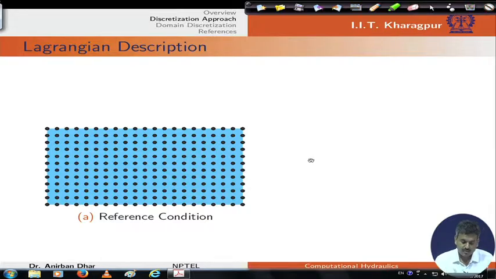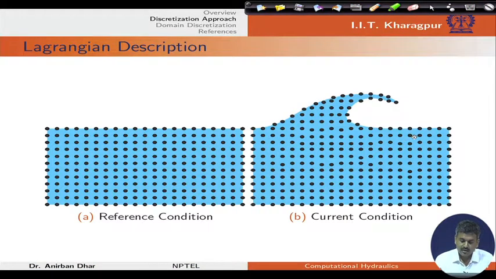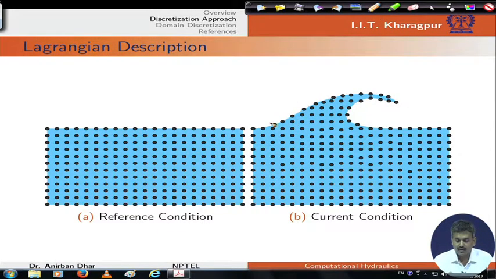So, this is the reference condition. If we solve this problem, we can see that the particle positions are changing, and in terms of particles we can define our current position or current condition.